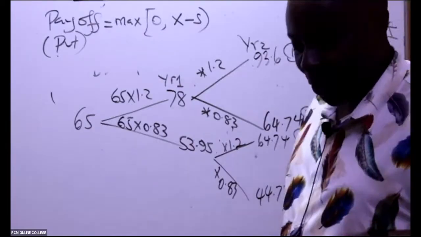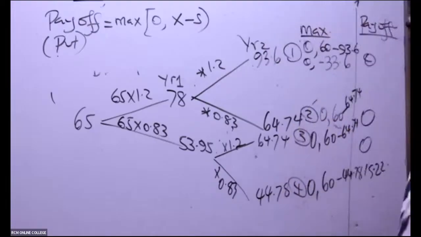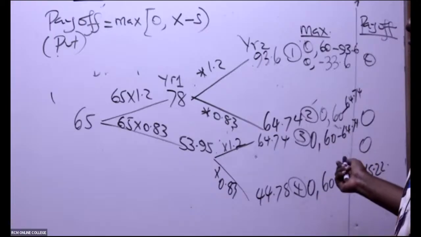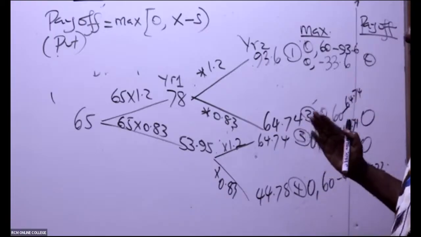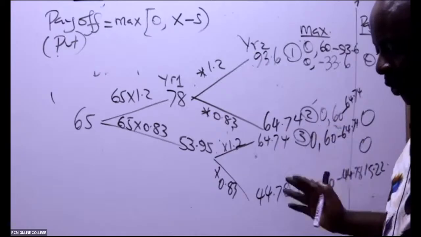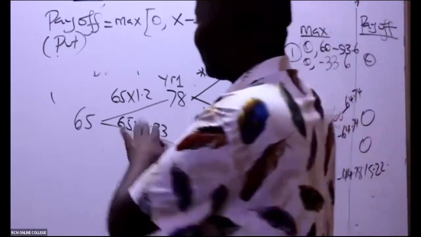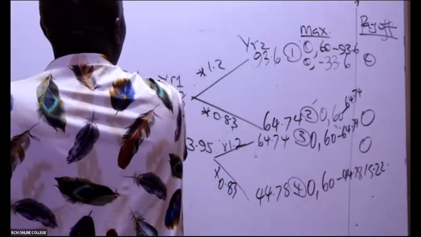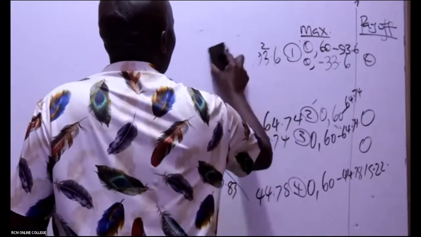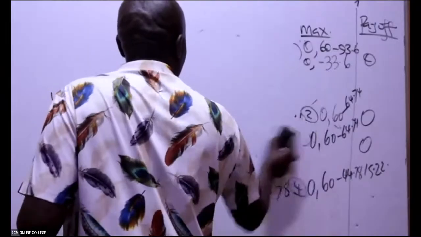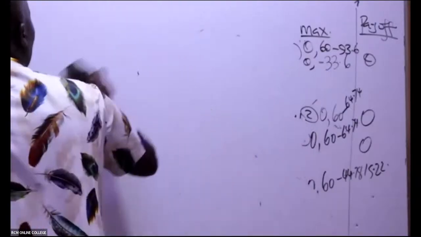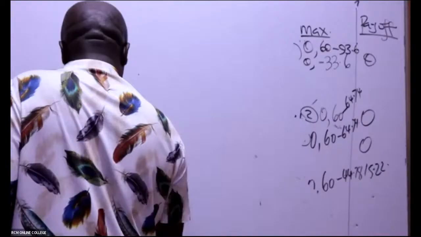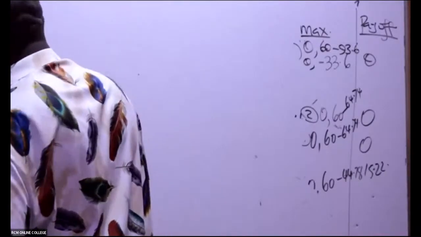Now, from there, you'll be able to give us, ladies and gentlemen, a probability tree of payoffs only. So this is step number 4: the probability tree of payoffs only. The same tree, but now payoffs only.